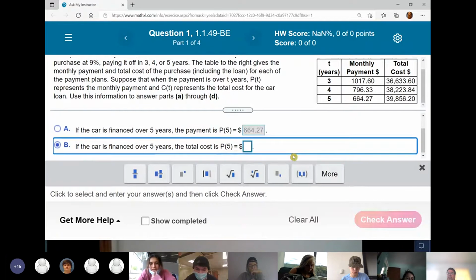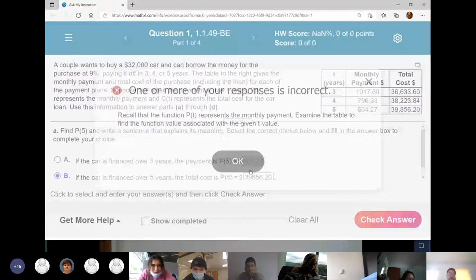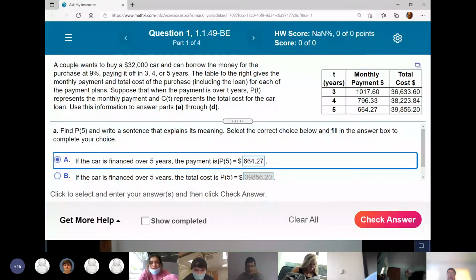That's what I don't understand. This is another one of those stupid questions. I agree with the content, but I don't understand how you're supposed to. Okay, well then I'll just do A then. But there's nothing in this question that asks for the payment.